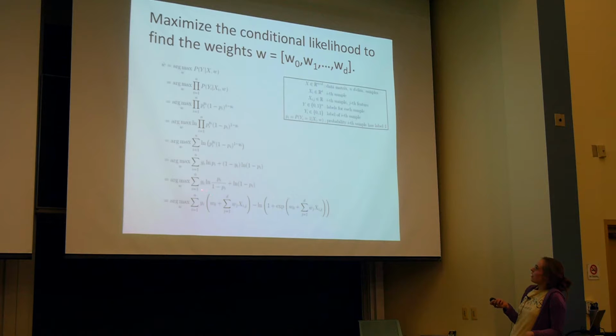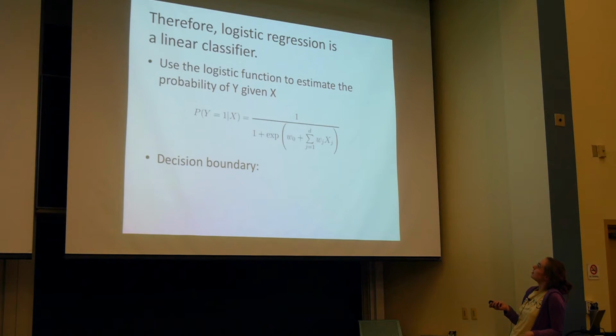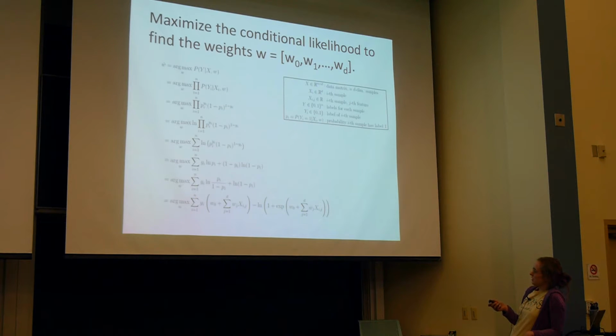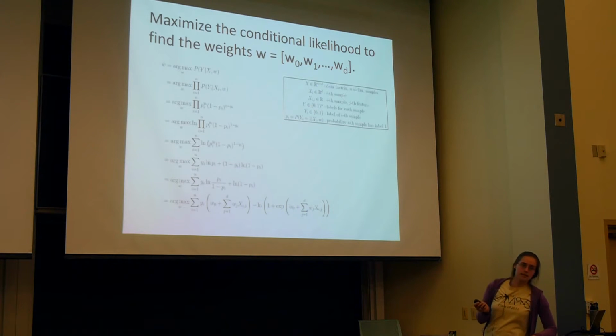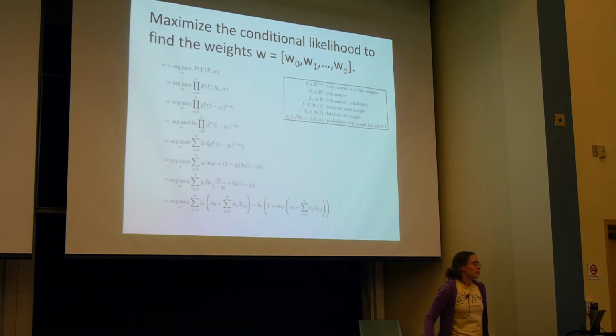And then if you substitute in our definition for p, assuming the logistic model here, that's how you get these values down here. So this is the quantity that we're trying to maximize in this case. It's the conditional likelihood of our data. So does anyone want to say anything about how we're going to maximize it?